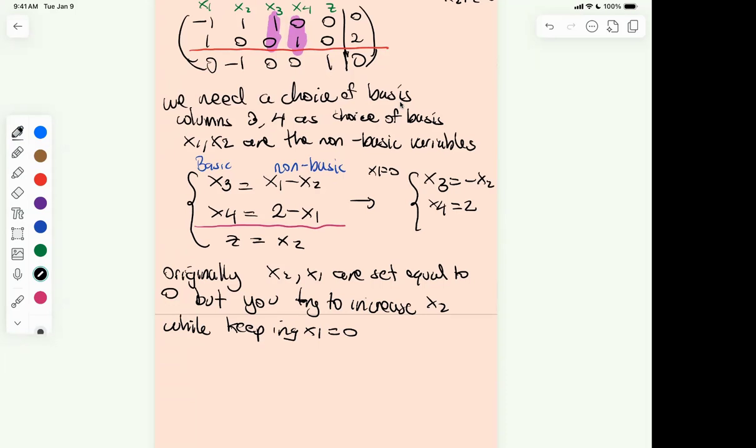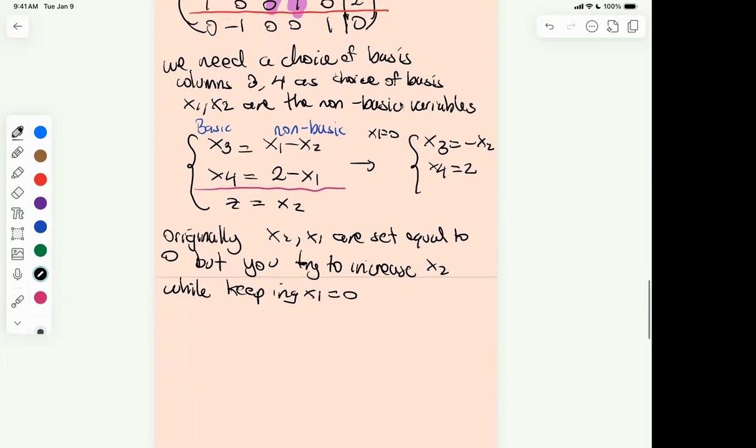The only thing you can do here is swap the roles of the variables, but you cannot give a different value to x2. x2 cannot be increased since it would make x3 negative.